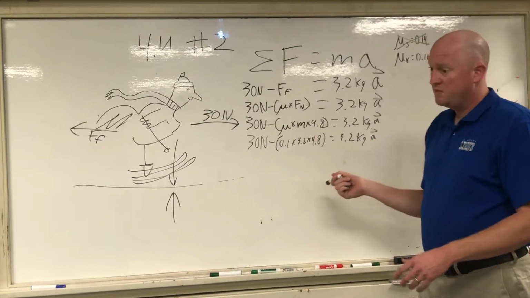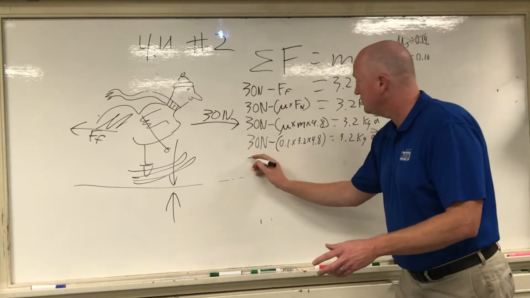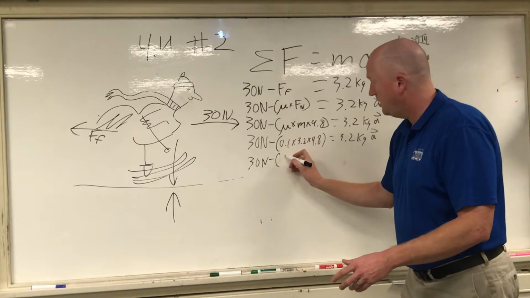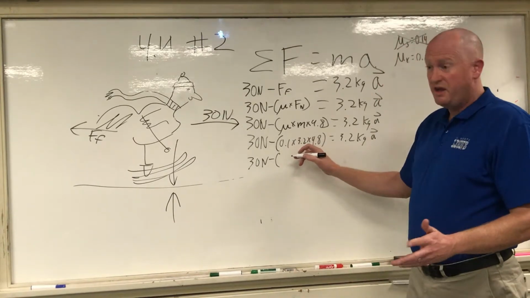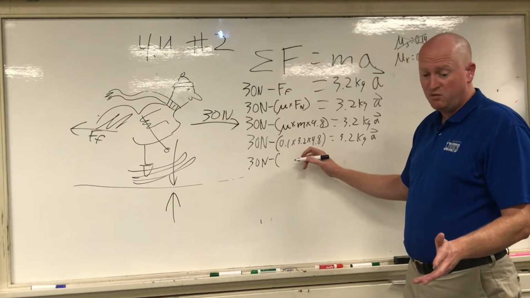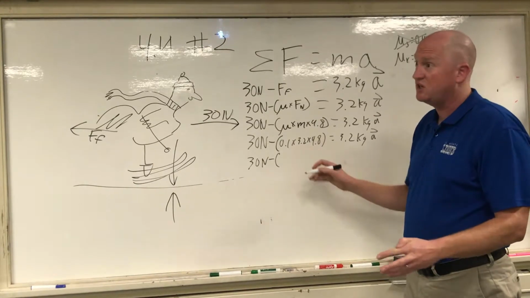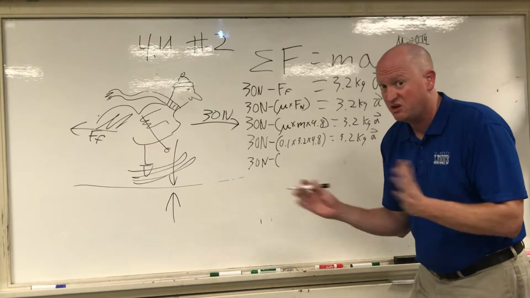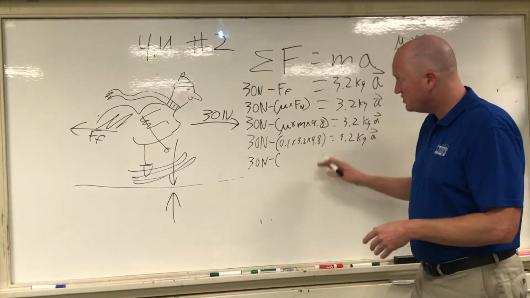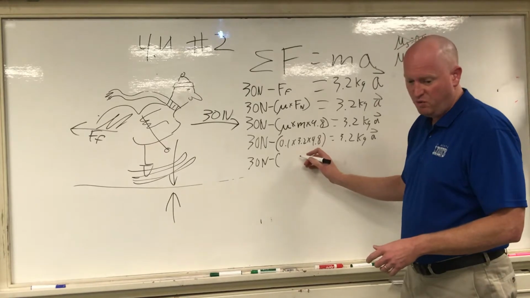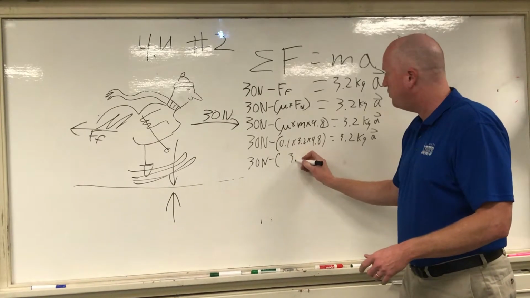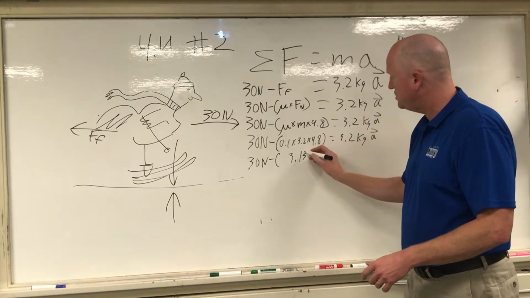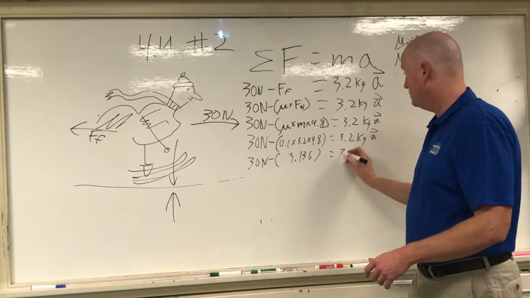All right, so 9.8 times 3.2, so let's see. 9.8 times 3.2 gives us 31.36. That's the weight of my chicken. You probably already have the weight of your pet because you probably have that in your biometrics page, don't you? But just multiply it by 0.1, and you get 3.136.